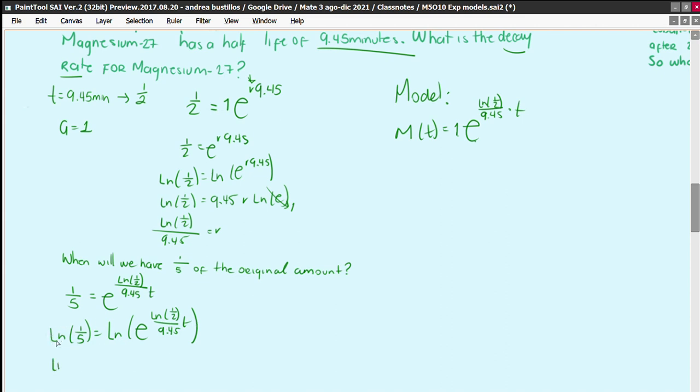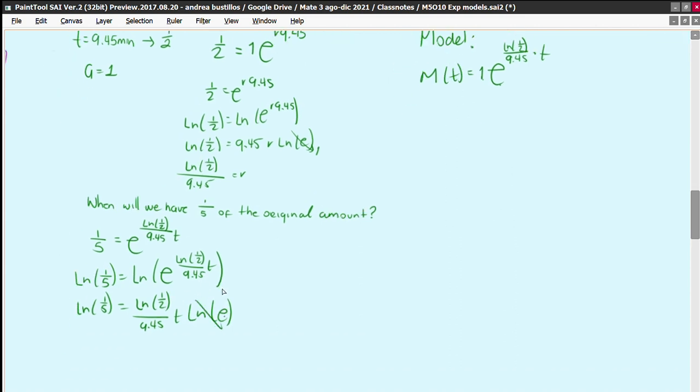So on this side, this is ln of 1/5 equals, and I'm going to pull the exponent down. Again, this is an ugly looking exponent, but it's still an exponent, so I can pull it down. It doesn't matter if the exponent has a logarithm inside it. Then ln of e, as usual, is going to be 1.